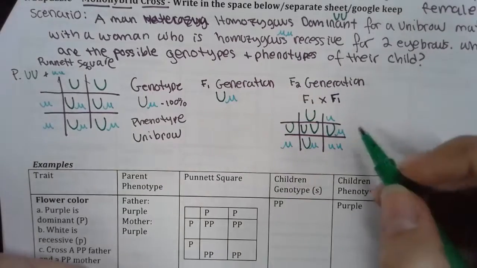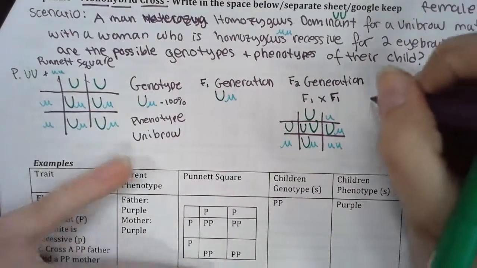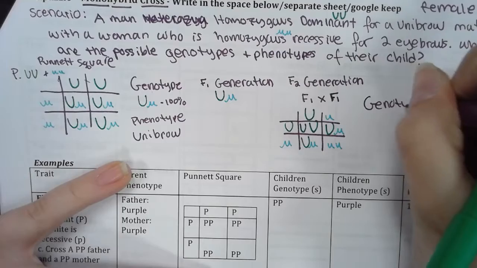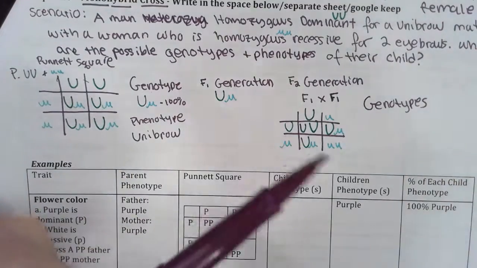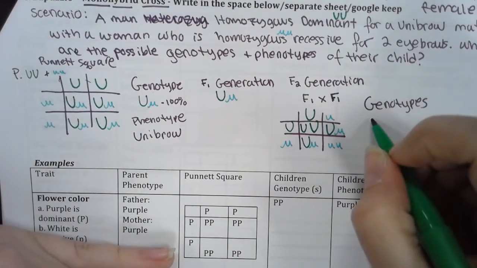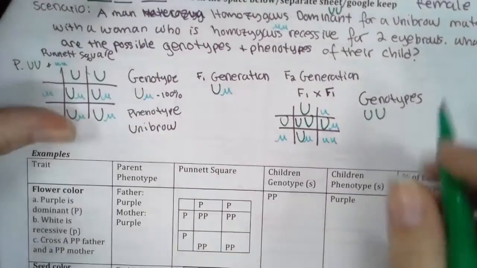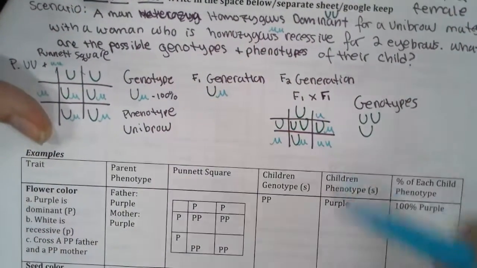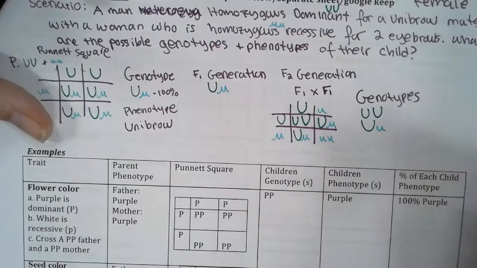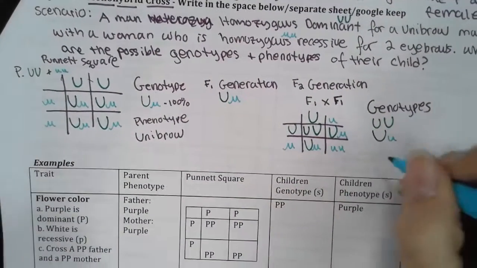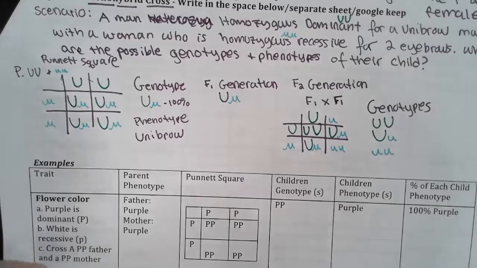Okay, so my different genotypes that I would get are, I had UU, that was homozygous. Ooh, sorry, the lights went out. Okay, there we go. I had homozygous dominant, I had heterozygous, and I had homozygous recessive.